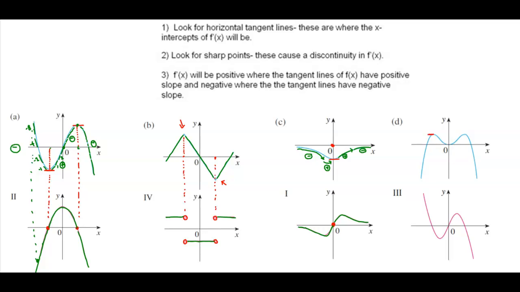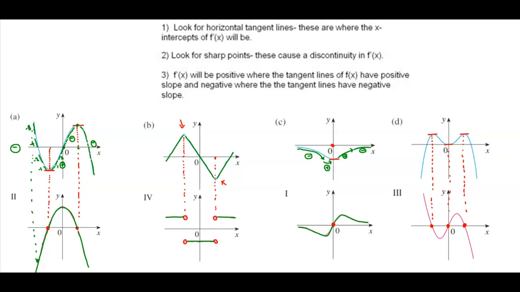So there is a horizontal tangent line, there is a horizontal tangent line, and then there's also a horizontal tangent line. So each of those is going to be an x-intercept on the derivative function.